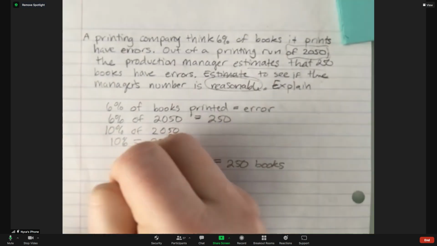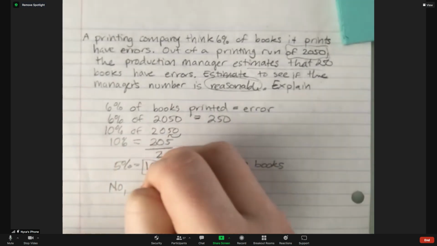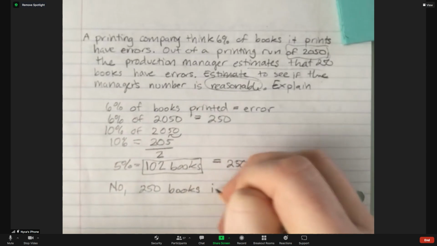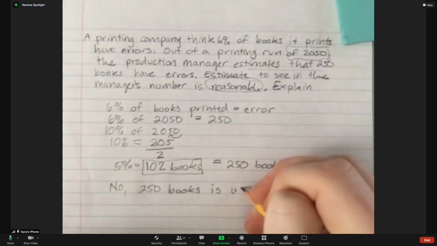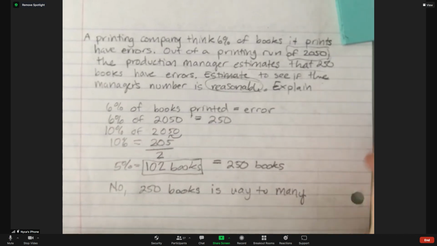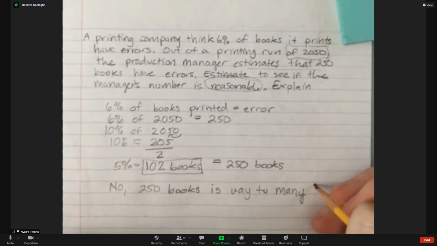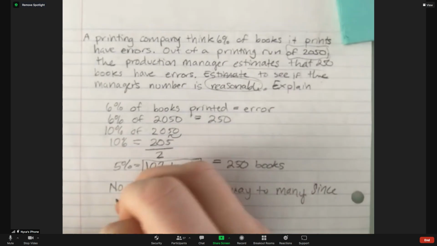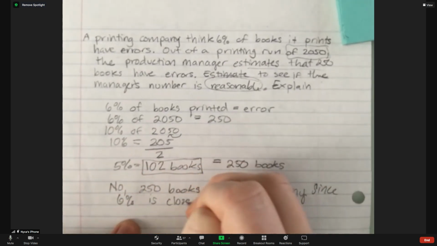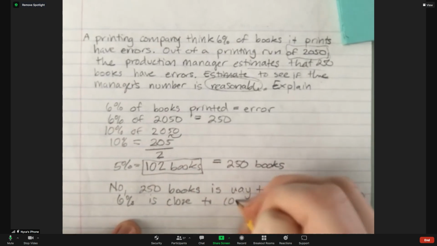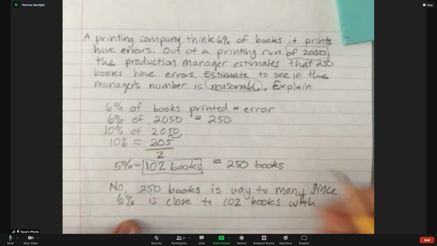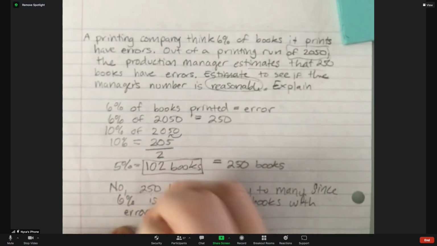The answer to this is no. 250 books is way too many, since 6% is close to 102 books with error.